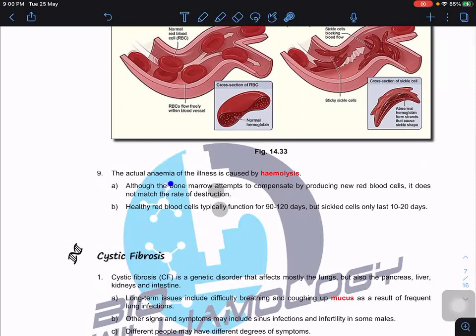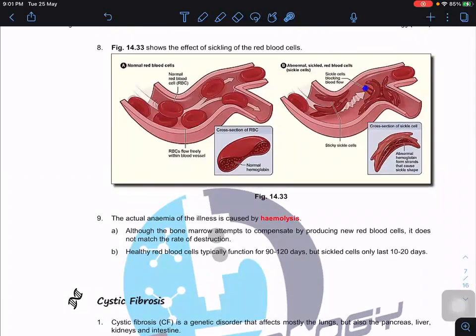But the actual anemia is caused by the hemolysis. The life, I mean the duration, of red blood cells is normally about 120 days. They can function.